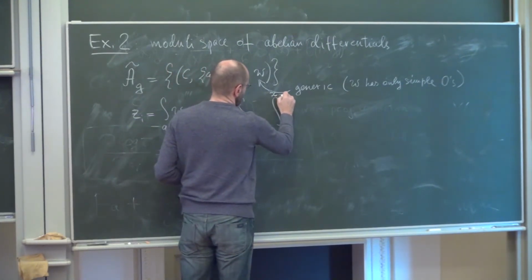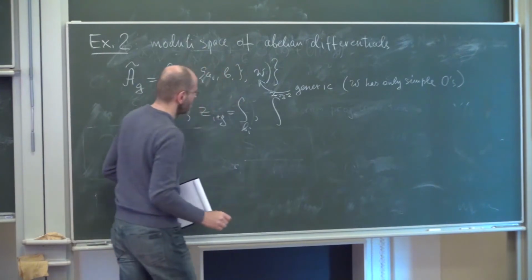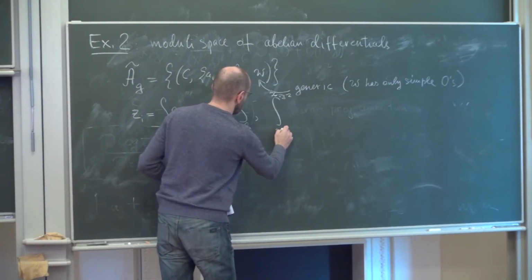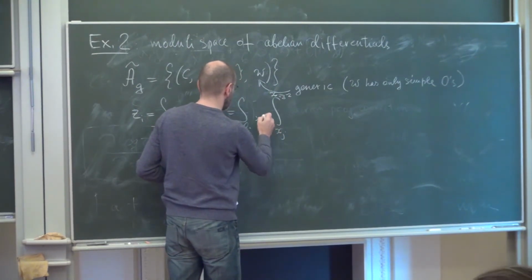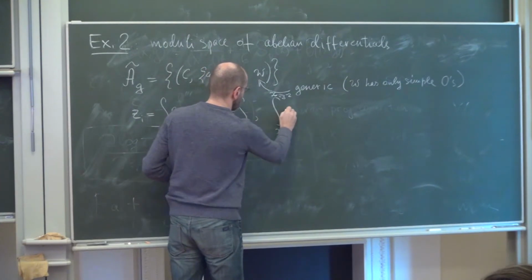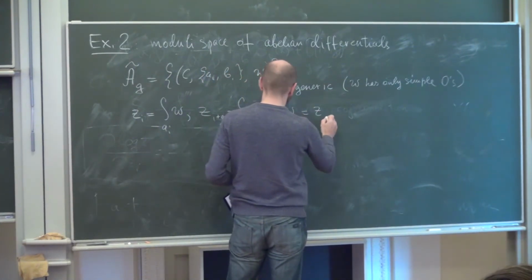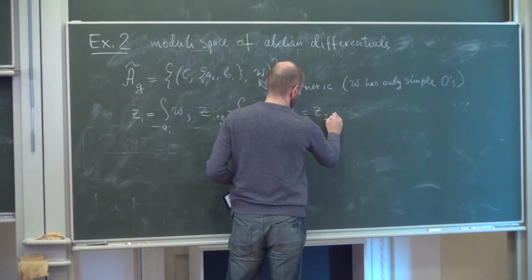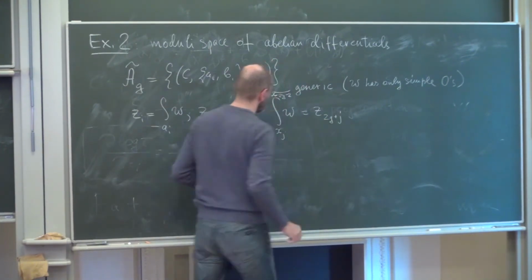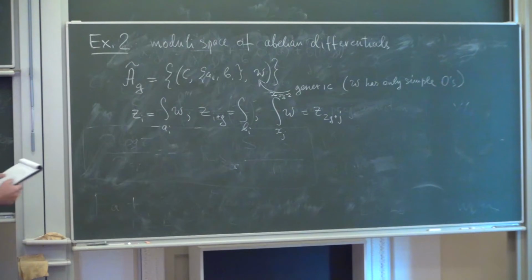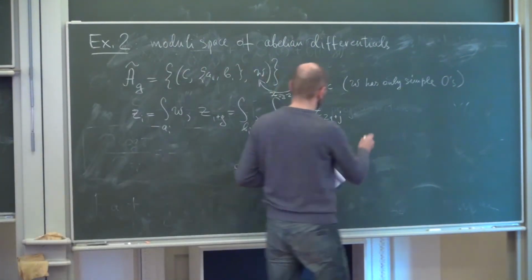So the last one is x_{2g-2}. That's x_j, and these are the 2g plus g... So we get 4g minus 3 coordinates altogether, as it should be, and these are local coordinates on A tilde.